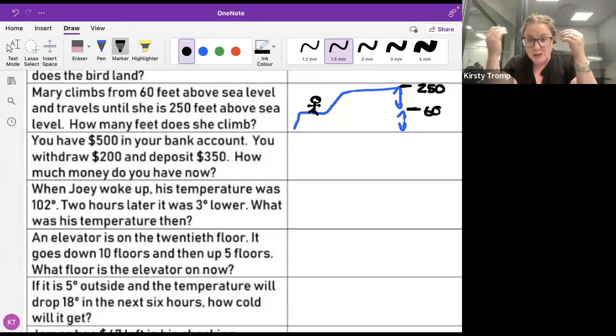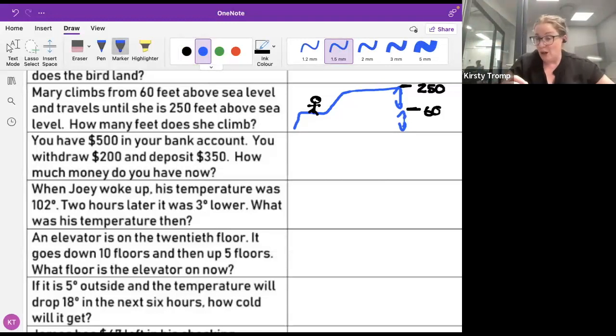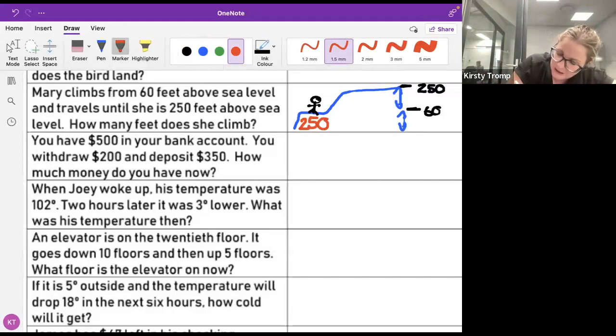How are we going to work out how many feet she climbed? Well, the easiest way here is to take where she finished, 250, and subtract where she started. And that will leave us with 190.